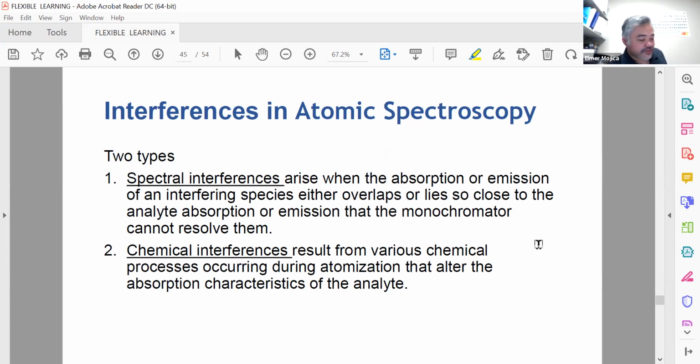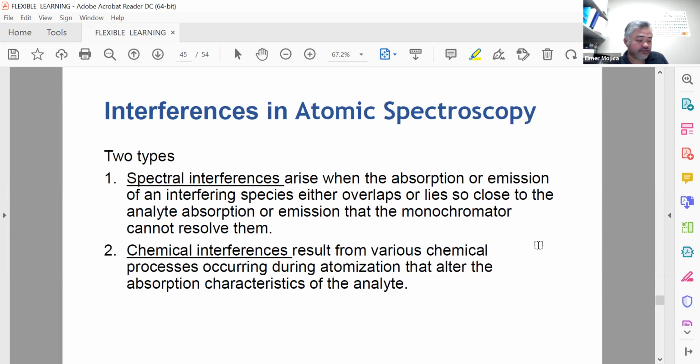It arises when the absorption or emission of an interfering species either overlaps or lies so close to the analyte absorption or emission that the monochromator cannot resolve them. So when the emission or absorption lines overlap, the separation is less than 0.1 angstrom. It's very rare, but still they can have an overlap.